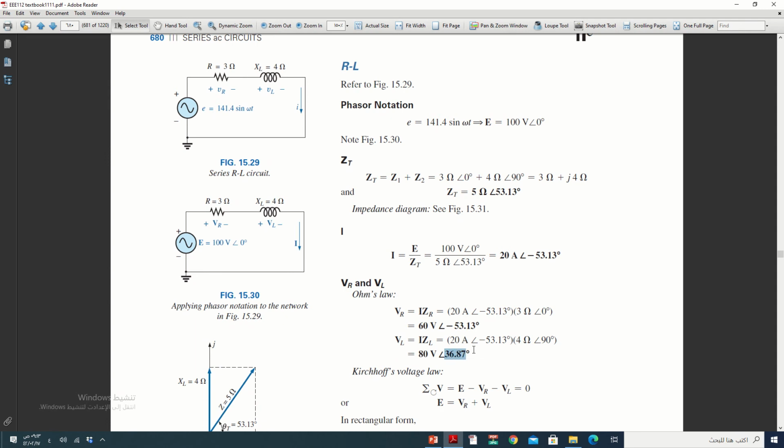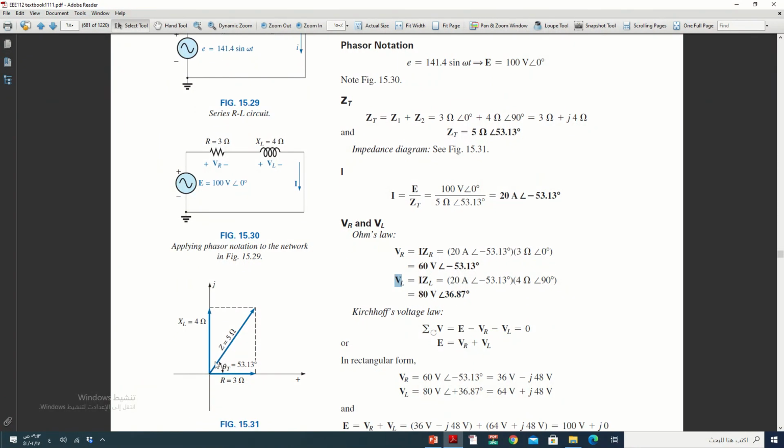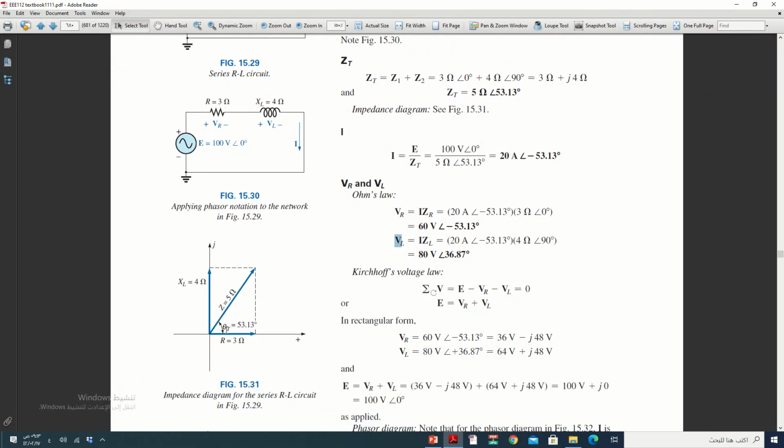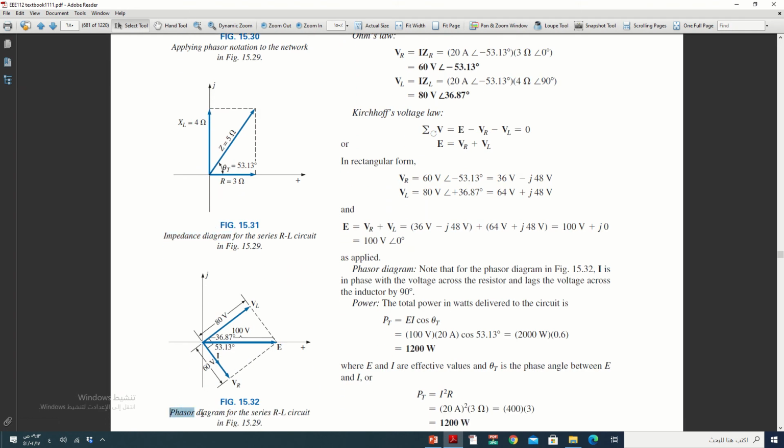You will notice that if we draw the phasor diagram, the current is shifted from the voltage by 90 degrees, and the current, since it's an inductor, will lag the voltage by 90 degrees. This is the impedance diagram, and this is the phasor diagram.